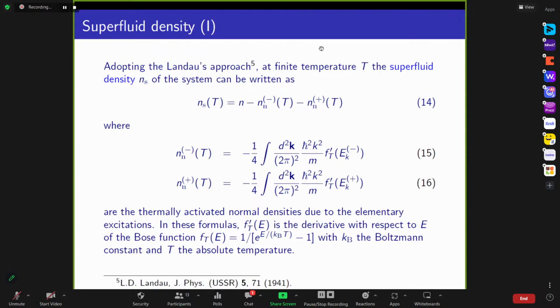So I have n_n with the superindex minus and n_n with superindex plus for the two corresponding branches. And the formulas are equations 15 and 16, and they are simply a generalization of the familiar formulas of Landau for the normal density.